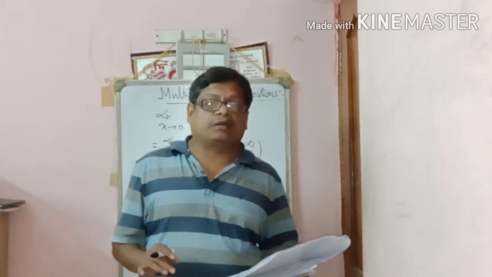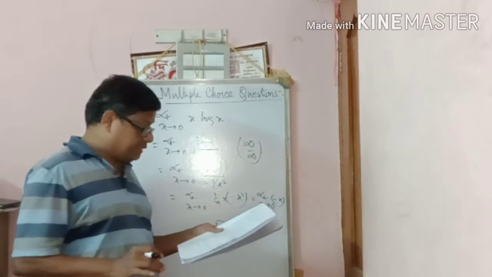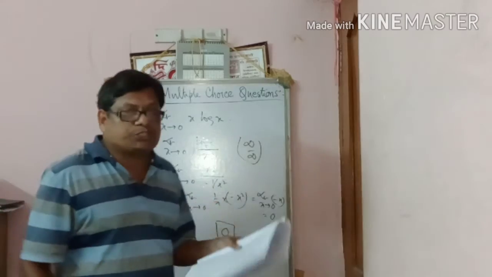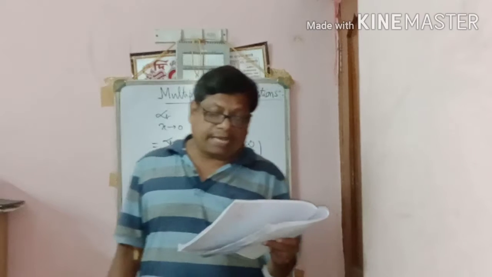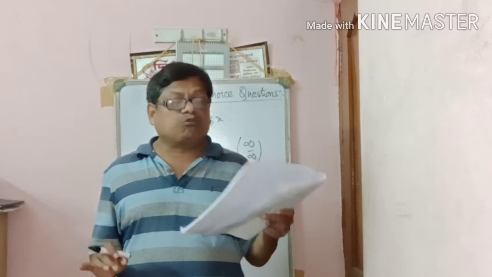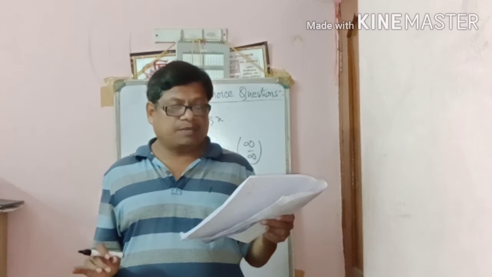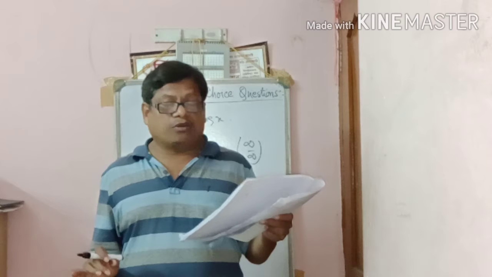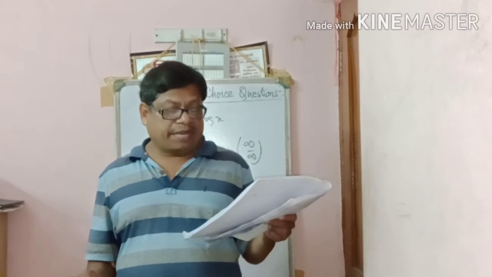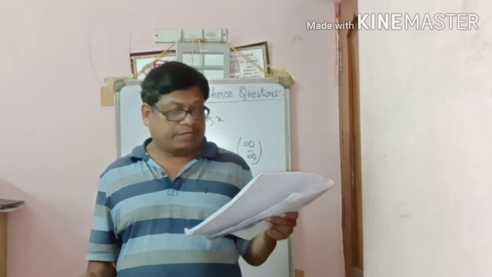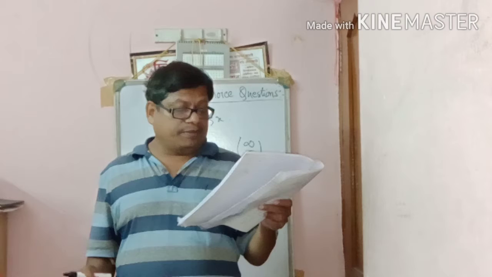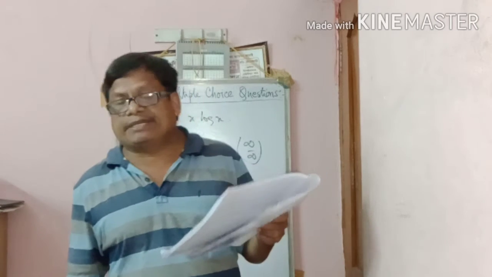Now second question. Look at here. Rolle's theorem is not applicable for the function f(x) equal to mod x for the interval minus 1 to 1, because f is not differentiable in the given interval.